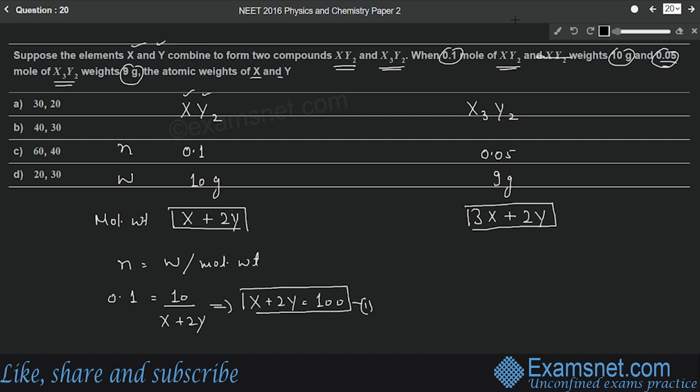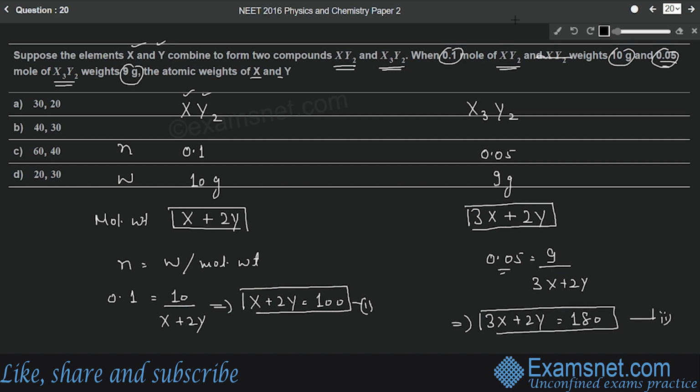Similarly, for X3Y2, number of moles, that is 0.05, will be equal to given weight, that is 9 grams, upon molecular weight, that is 3X plus 2Y. So from here we can say that 3X plus 2Y will be equal to 9 divided by 0.05, that is 180. Okay, so let's say this is equation number 2.